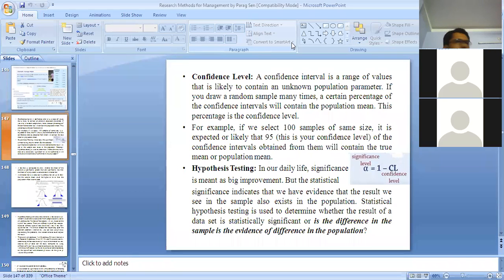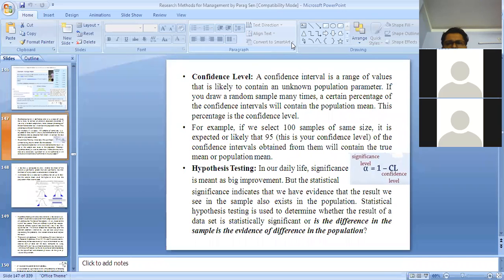But what is most commonly used nowadays, since software is available, is that it automatically shows you your p value. Any kind of hypothesis test you do, whether it is a Z test, F test, or T test, there are also 3 different types of T tests, whatever the test, you simply look at your p value.